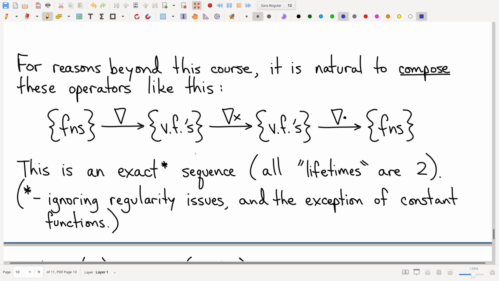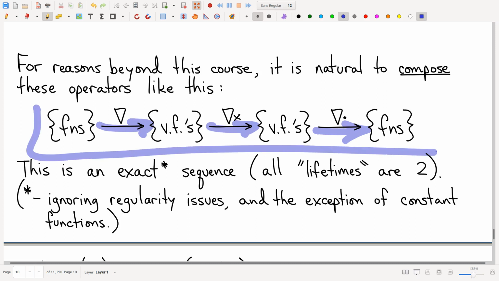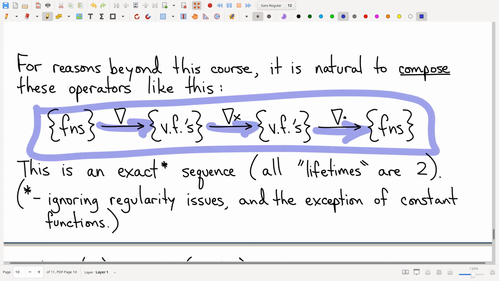It turns out that this sequence, where you compose these operators in this order, like this, is very, very natural, and amazing things happen when you set it up like this. Ultimately, if you dig really, really deeply, and far more deeply than we're going to in this course, in fact, what you'll find is that these three operators are all special cases of the same construction.